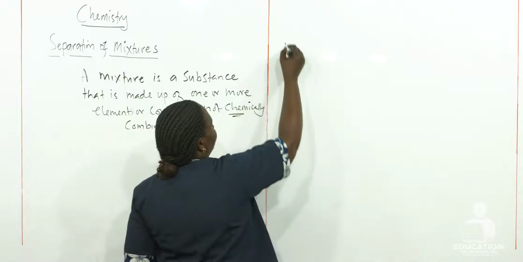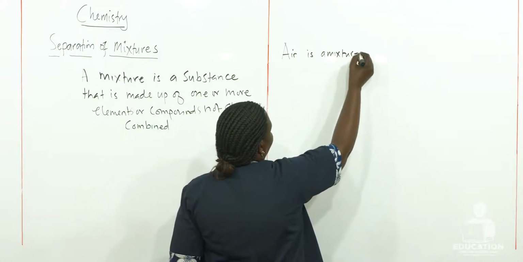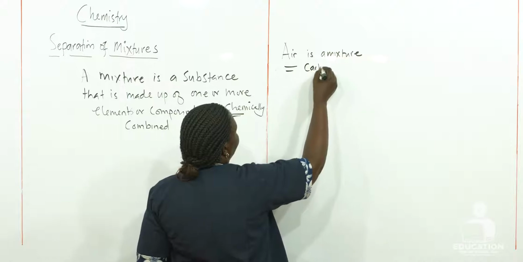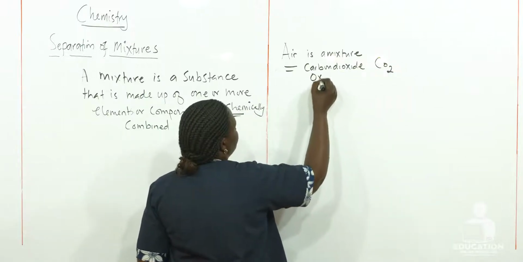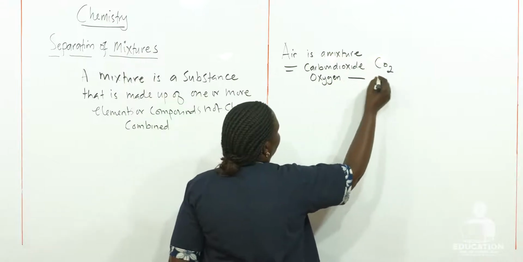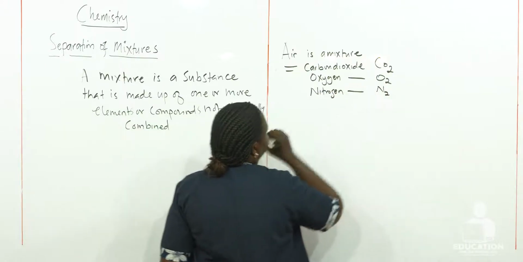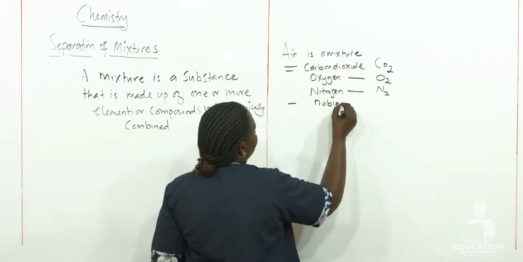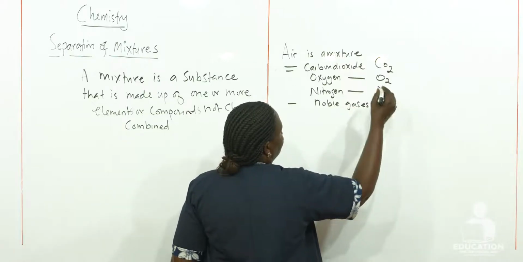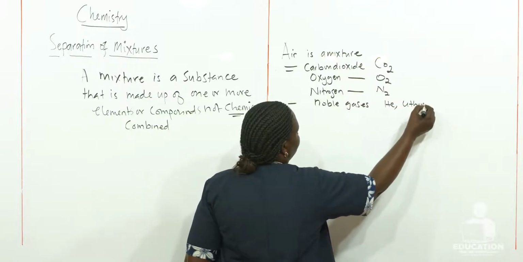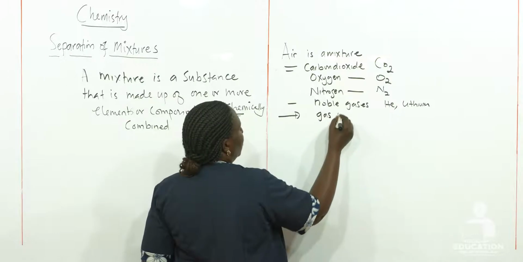For example, we have air. Air is a mixture. Air is a mixture of carbon dioxide, oxygen, nitrogen, we have noble gases, and then could be helium, lithium, and then we have gas pollutants.